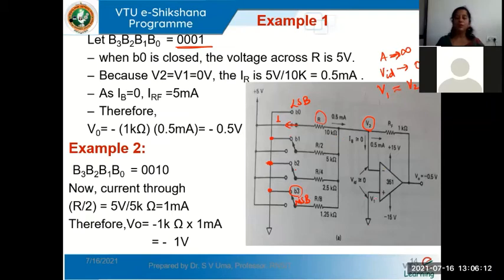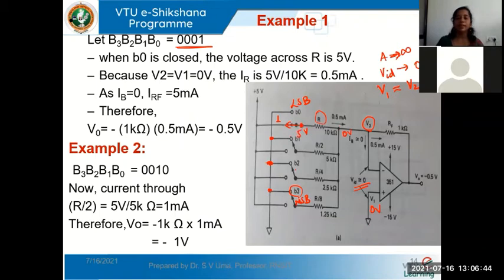If one of the input terminals is at 0 volts, the ground voltage, V2 will also be at the same voltage because the differential input voltage will almost be 0 whenever the high gain of the op-amp comes into picture. That's always the same. It will be there in effect. So I can consider this voltage V2 is at 0 volts and this end of the resistor R is at 5 volts.